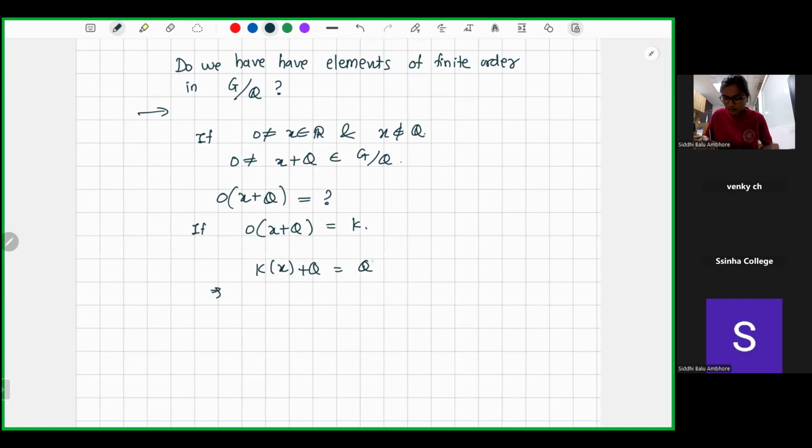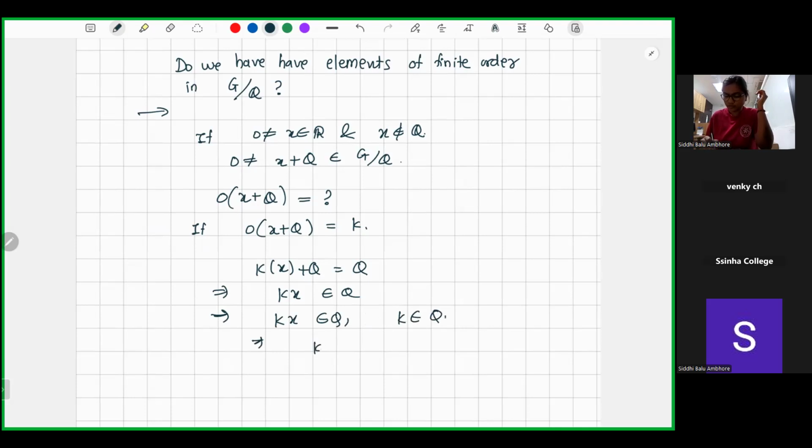So this will imply that kx belongs to Q, right? So I have x not in Q, but kx belongs to Q. Is this possible? See, kx belongs to Q and k belongs to Q, right?